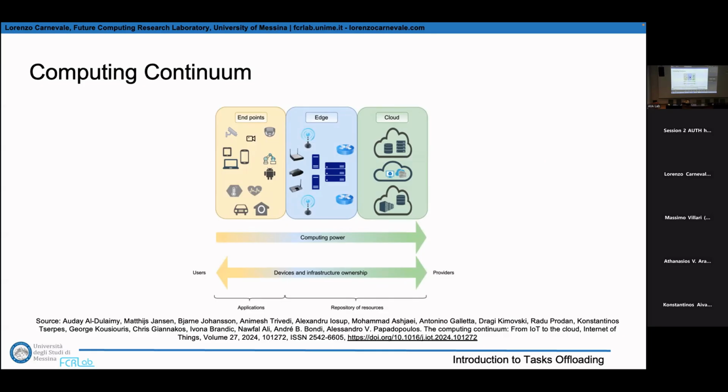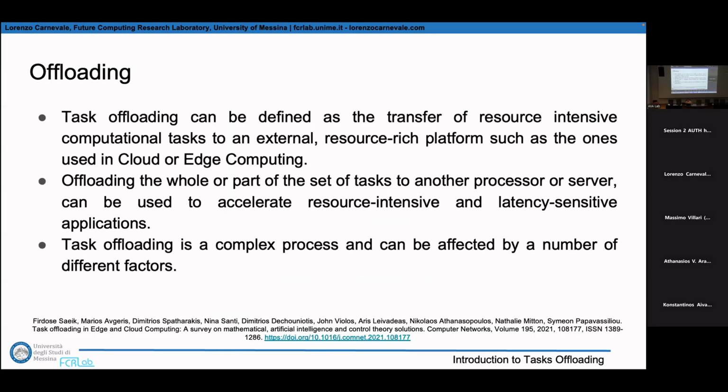If it is more on the endpoint, the ownership is of the user. If it is more on the cloud side, the ownership is more with the providers. And we have a repository of resources when we talk about edge and cloud, while we have applications when we talk about endpoints.